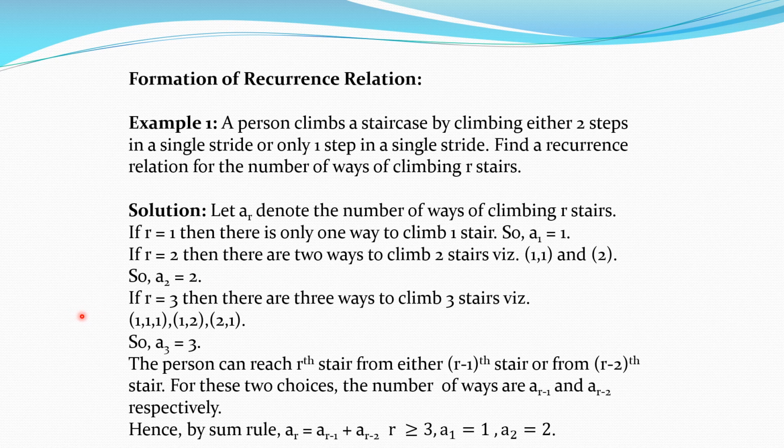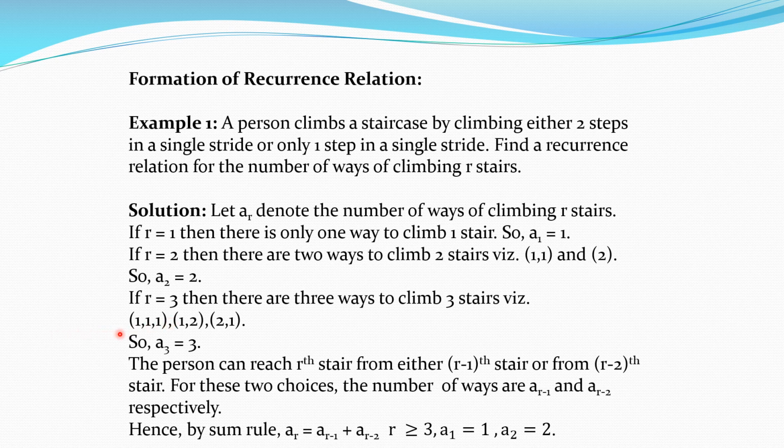Now if r equals 3, there are 3 stairs. What are the different ways to climb those 3 stairs? The first way is he goes to the first step, then the second step and then the third step, written as 1 comma 1 comma 1. Another way, he goes to the first step and then climbs two steps in a single stride, so 1 comma 2.